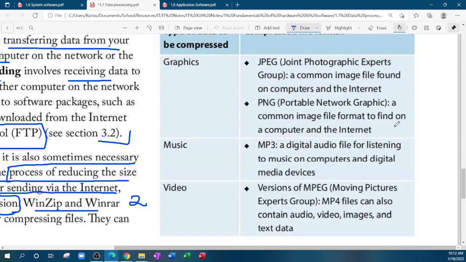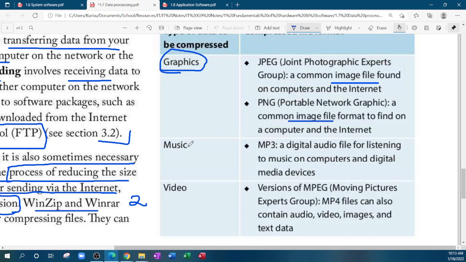So when you compress a picture or a graphic, you're going to get a file type of JPEG. This is one example. Joint Photographic Experts Group, a common image file. Or you can get a PNG, Portable Network Graphic, an image file once again.